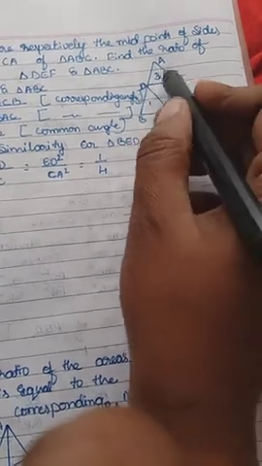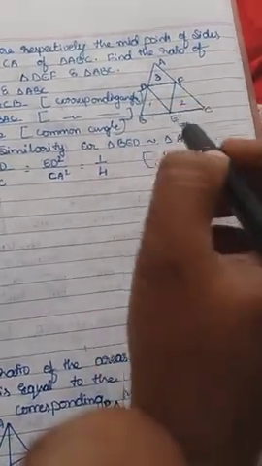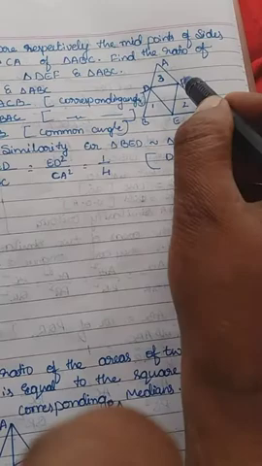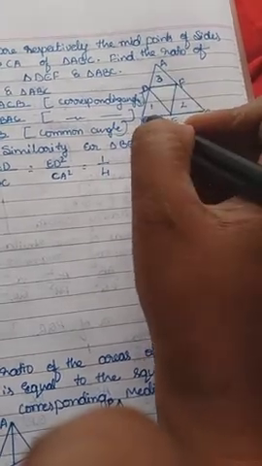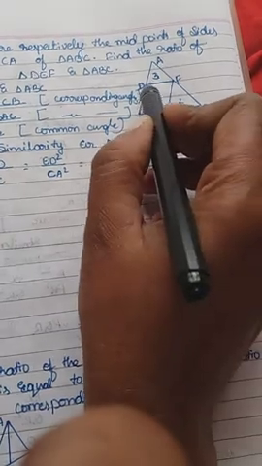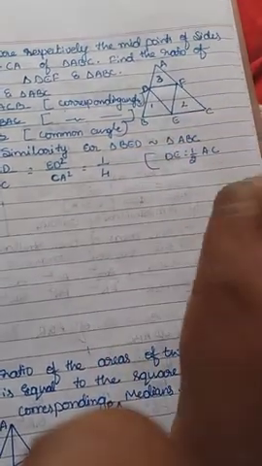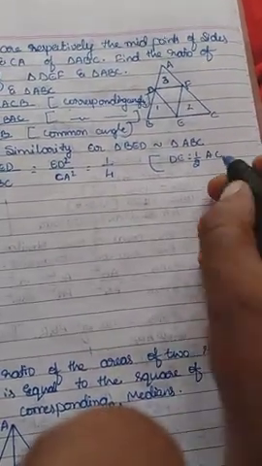If D is the midpoint, it divides the side into halves. For that sake DE equals half of AC we can write. In the same way EF equals half of AB, and also DF equals half of BC we can write. Why should it be?